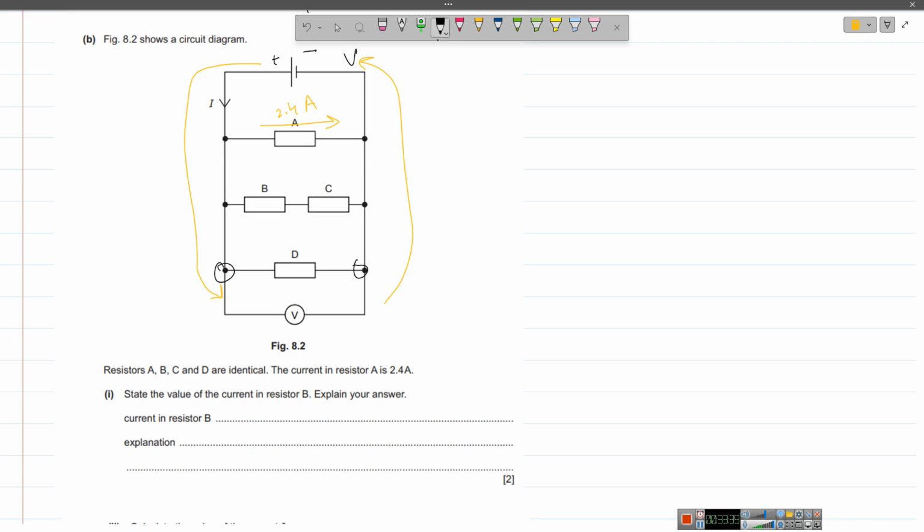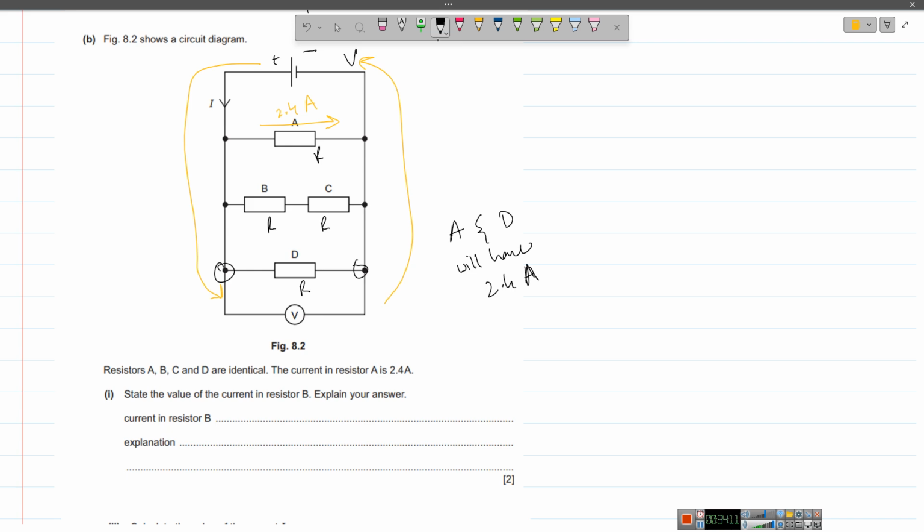Now, since they are identical, you can say this is R, this is R and R, and this is also R, and these are all parallel. So keep in mind, A and D are going to have equal resistors, equal currents, because the current will be divided into three equal parts. Technically speaking, A and D are same values, so at least both of these are going to have the same current. In other words, A and D will have 2.4 amperes.